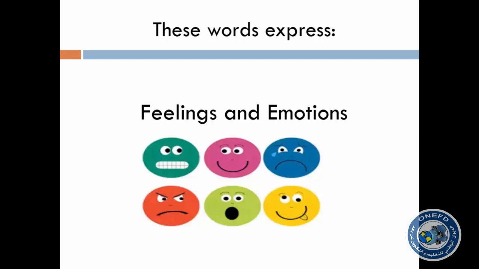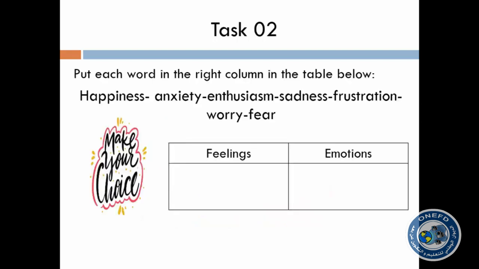Since you now know the difference between these two, try to classify these feelings and emotions into the right column. We stick with the same words: happiness, anxiety, enthusiasm, sadness, frustration, worry, and fear. Bear in mind that emotion is a physiological experience, and feeling is a conscious awareness of the emotion itself.